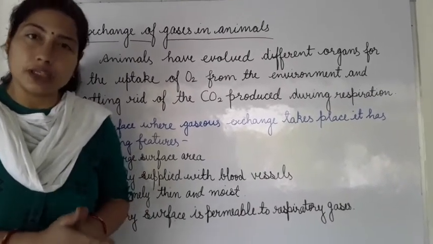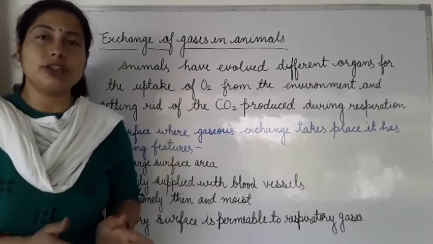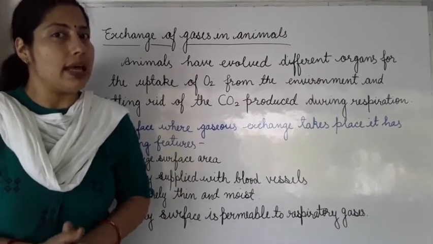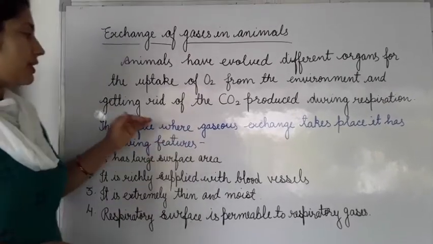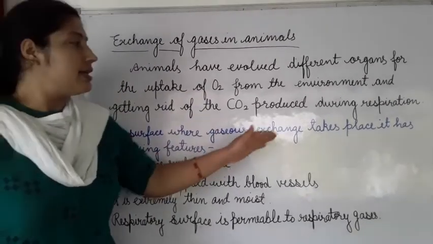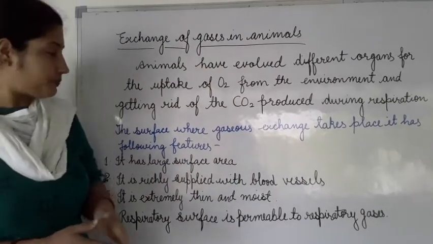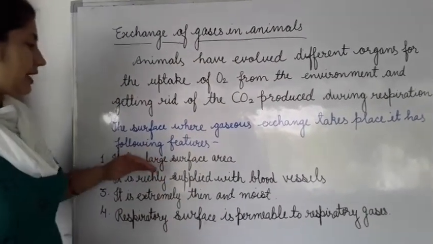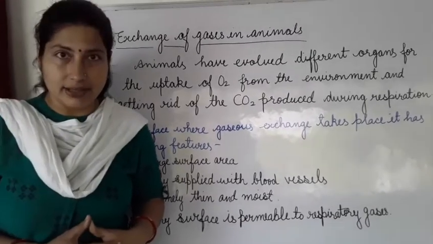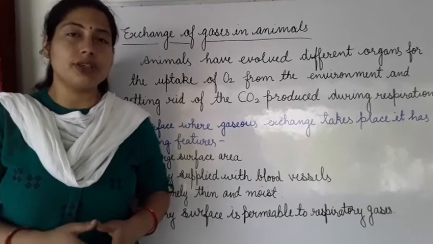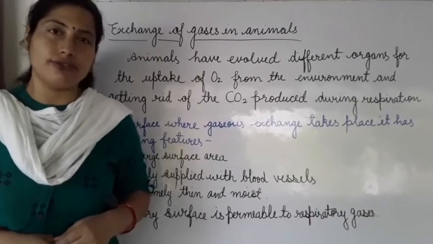So this respiratory surface has some special features. And what are these special features? Let's study. It has a large surface area. The respiratory surface, where exchange of gases takes place, has a large surface area.